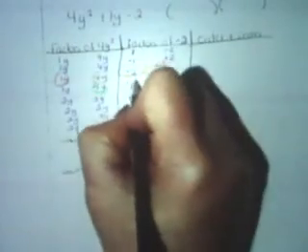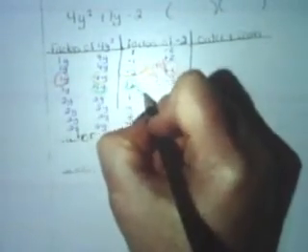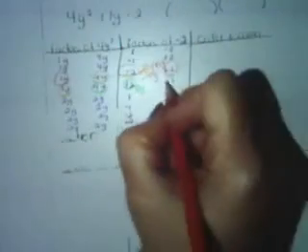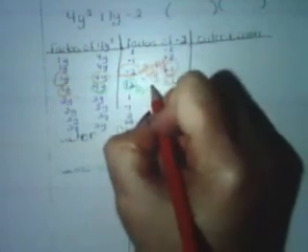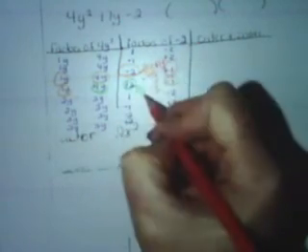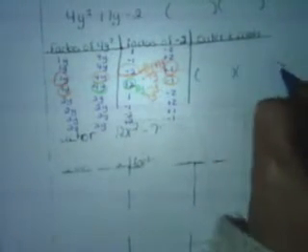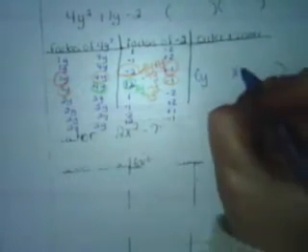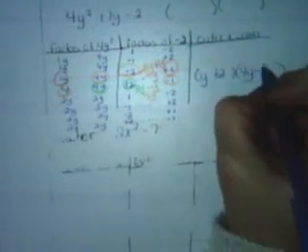Okay. I'm going to check my inner terms. 4y times 2y is 8y. Your outer terms, 1y times negative 1 gives me negative y. 8y minus y gives me 7y, and that's what I'm looking for. So the correct factorization is going to be y times 4y, and then plus 2, minus 1.